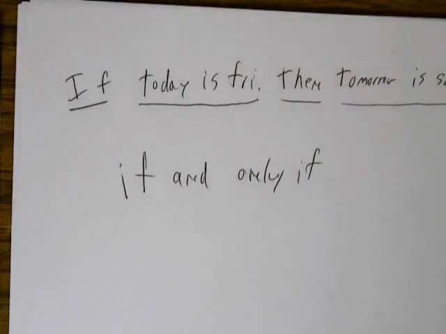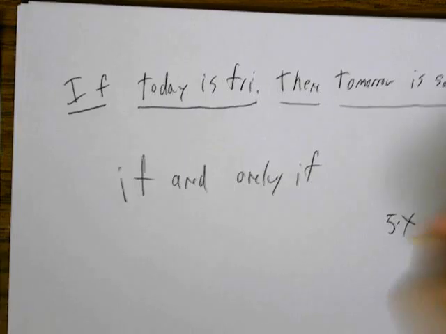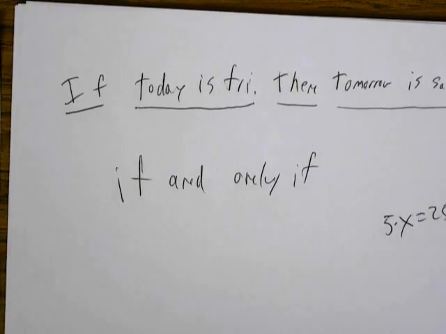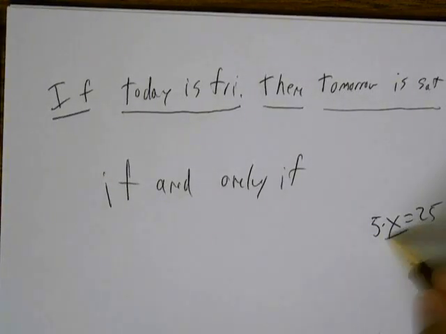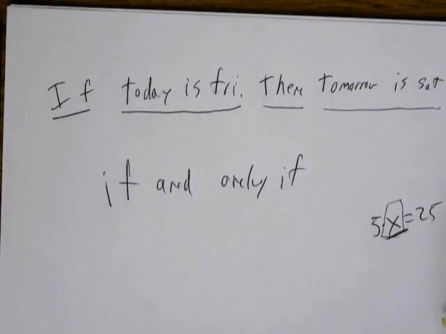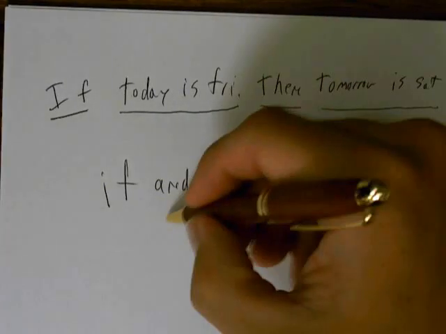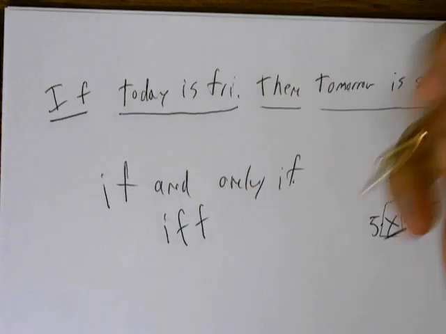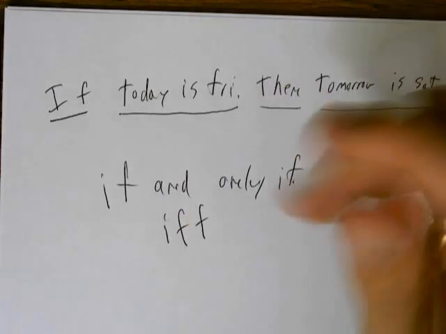We don't say 5 times an unknown number equals 25. Or if we do say that, we don't write it. We go 5x equals 25, right? So, like I said, math people, we tend to try to make things short and pretty. So we've made an abbreviation for this statement, if and only if, and this is it. IFF, if with 2 F's. So that's a statement we use, if and only if.